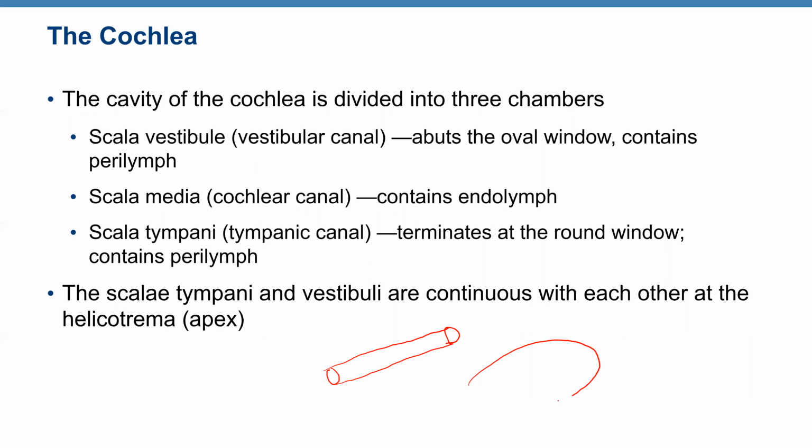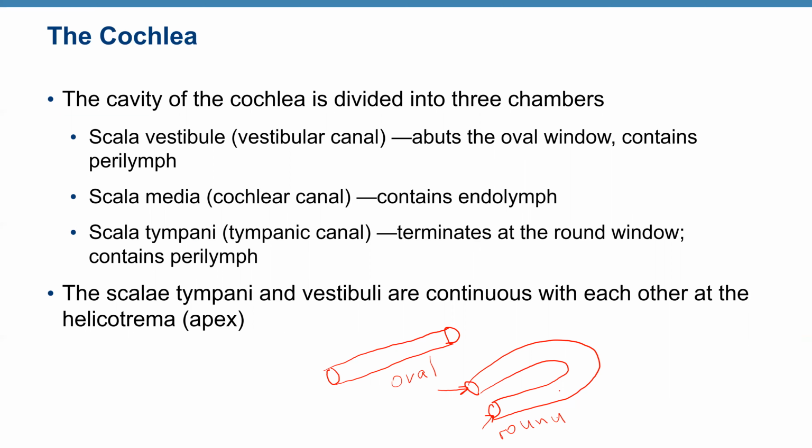So now you're going to do it like that, right? So here's your tube. Now only bend it. Make sense? Now this opening here is called the oval window. Oval window. Now this opening over here is called the round window.